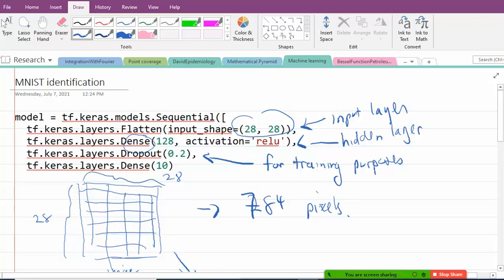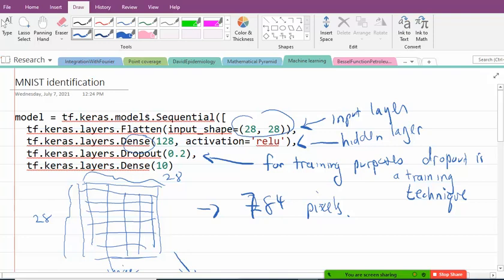I think it would take too long to explain, but this dropout is a training technique. It makes your model more, well, the technical word is robust, which means it's less likely to make errors.